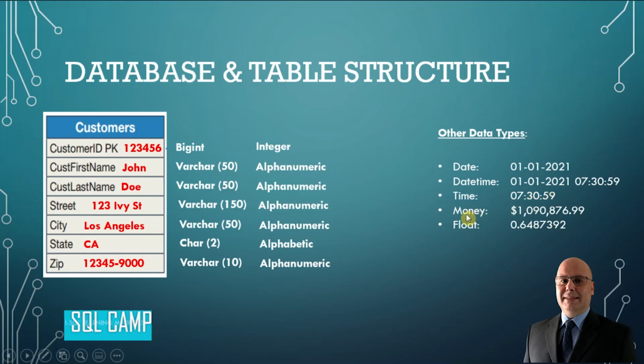There is also money for currency values, and float for any number with decimals. Most likely you will use these for any column that will have a percentage in it, or any value with decimals.